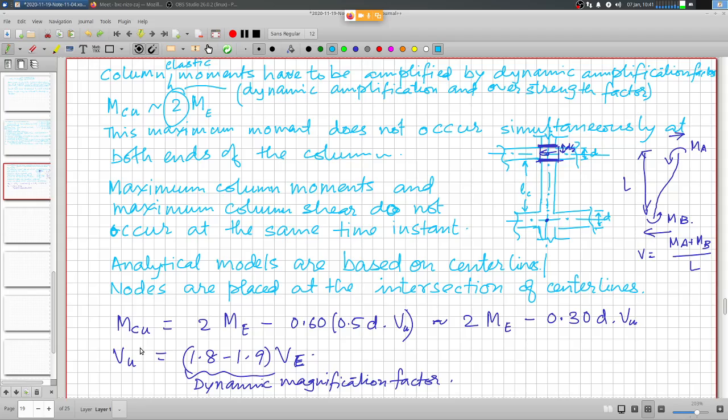So that is a restriction on the possible distribution and reduction of moment capacities in the column.